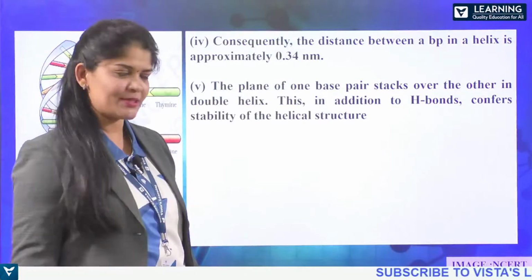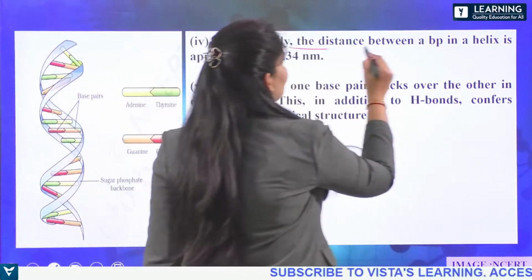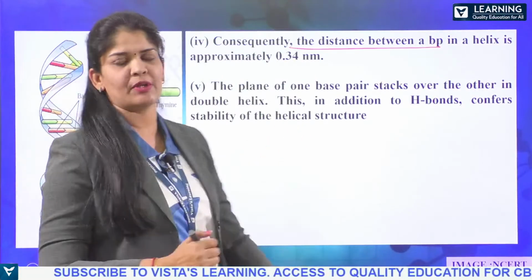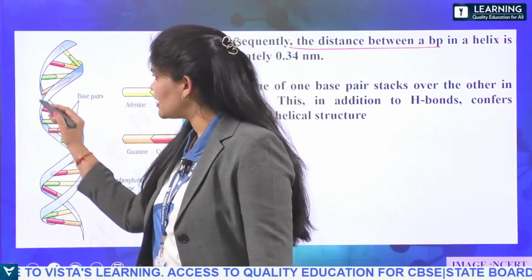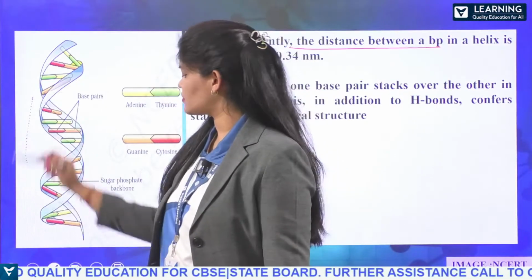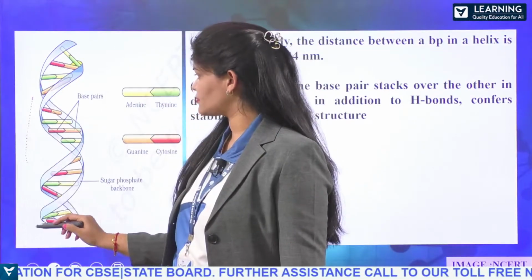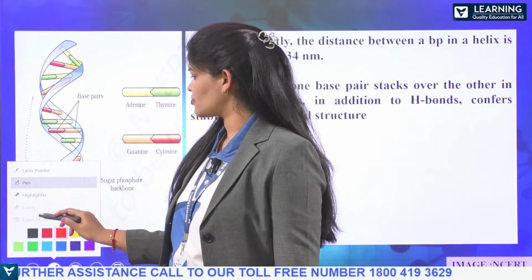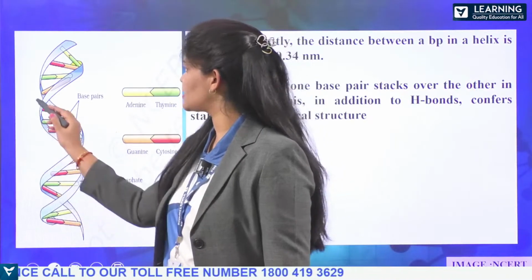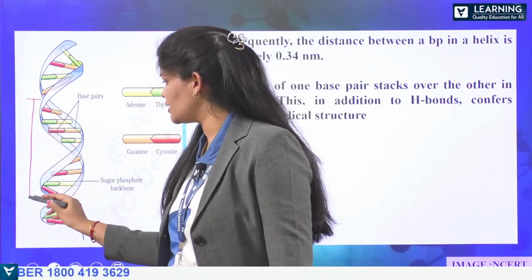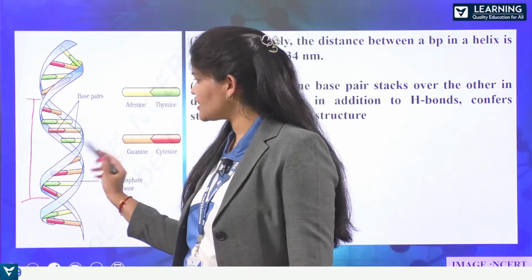Now, the distance between one base pair and another base pair. So see, this is one turn, right? From here to here is one turn.